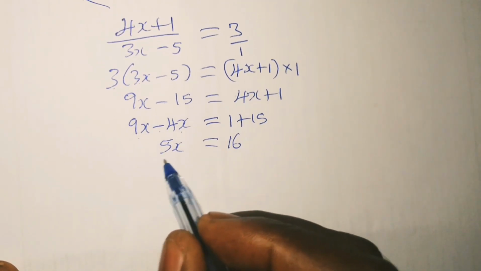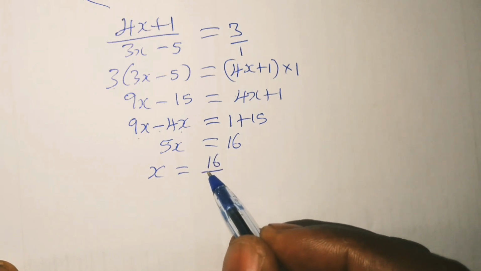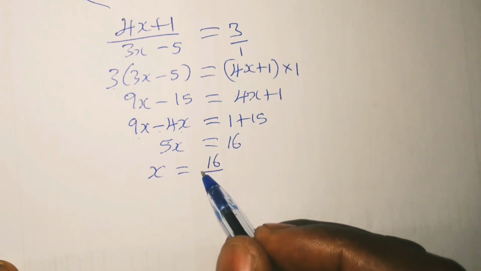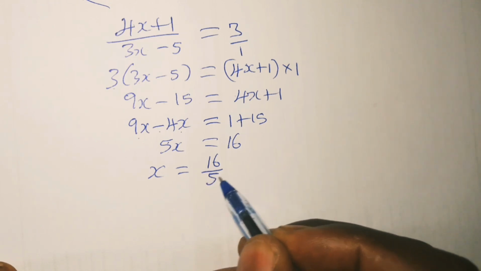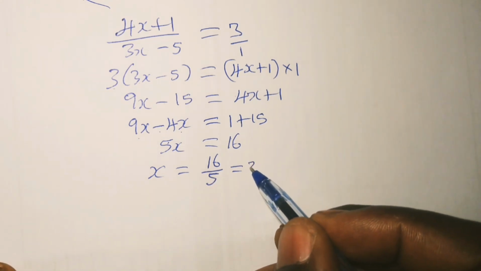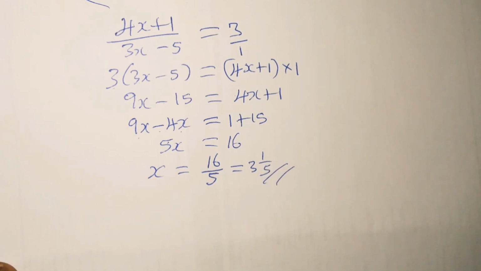On getting this, we divide both sides by 5 so that our x will be 16 divided by 5, which is 3 and 1 over 5 as our final answer.